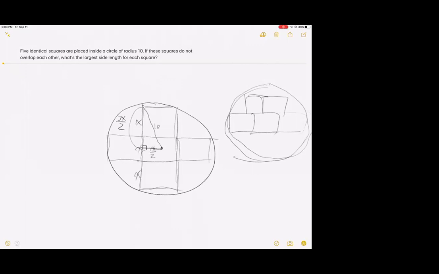So 9x squared over 4 plus x squared over 4 equals 10x squared over 4. Equal to what? Oh yeah, they equal 10 squared, right? And then we solve this.